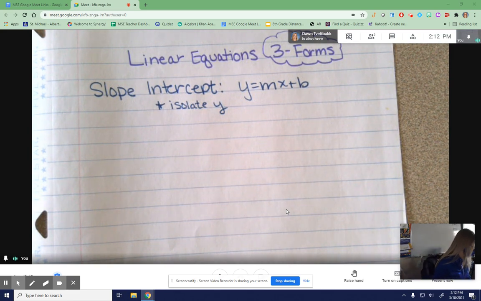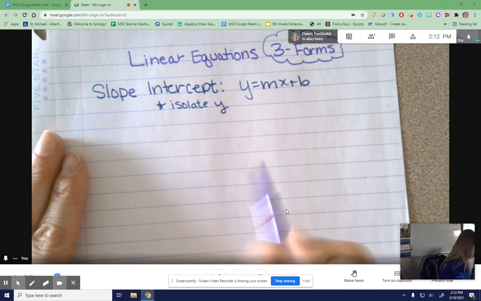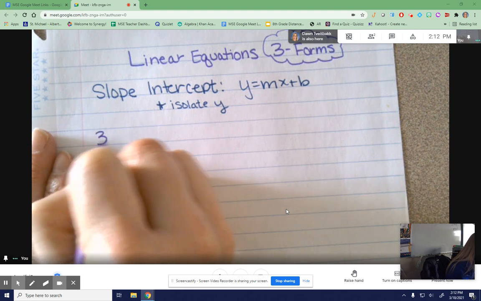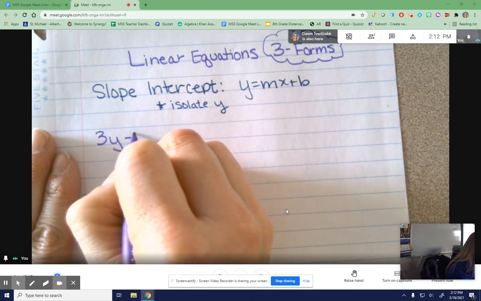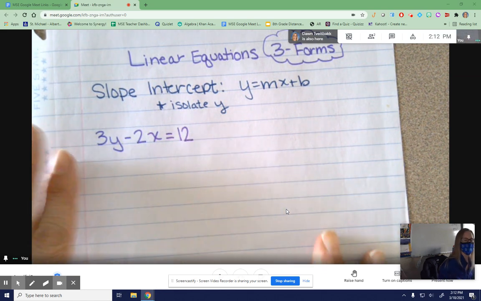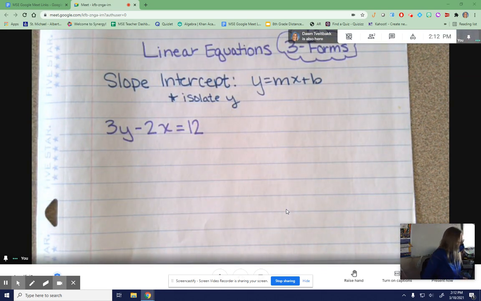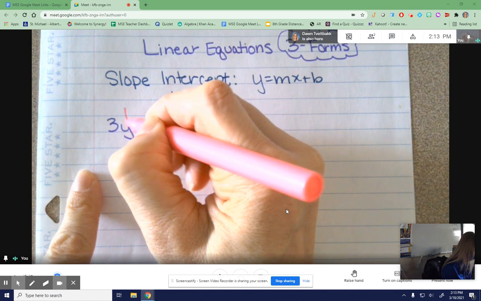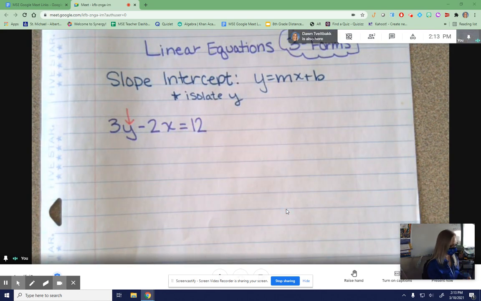So if I gave you this equation, 3y minus 2x equals 12, and we take a close look at y, that's what we want to isolate right there.